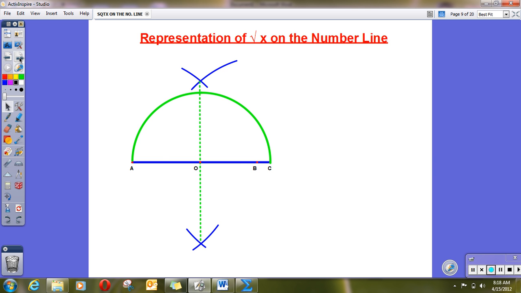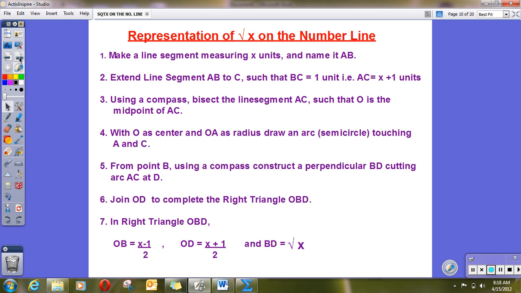Then, from point B, using a compass, construct a perpendicular BD, cutting arc AC at D. Then, join OD to complete the right triangle OBD.